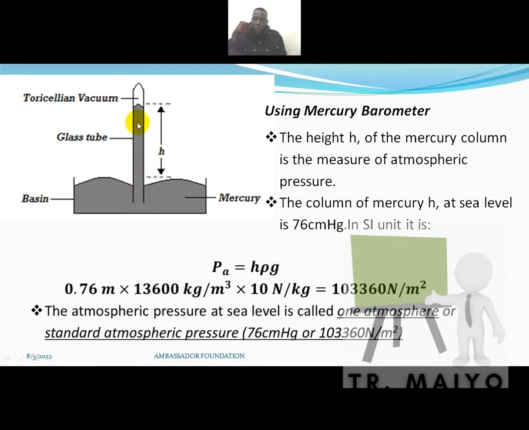When it rises upwards, the height that has risen will give us, if it is in millimeters, the millimeters of mercury, millimeters of water. Then we use it to calculate pressure in pascals or Newton per meter square. Or sometimes we just leave it that way.